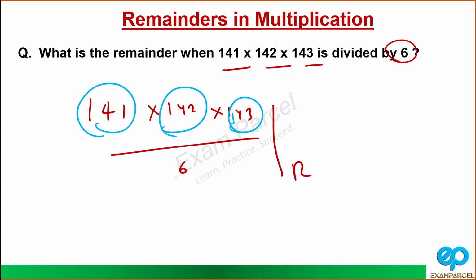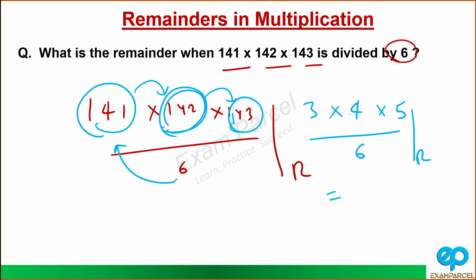So when you divide 141 by 6, what you will get? You will get a remainder of 3. 142, now I am not going to divide this again. This is 1 more than this number, right? So obviously I am going to get a remainder of 4. This is 1 more than this, so obviously I am going to get a remainder of 5.